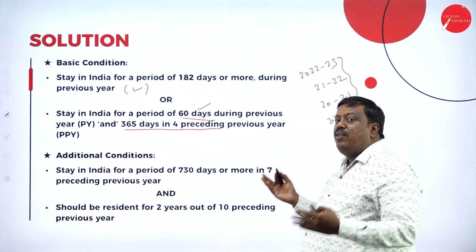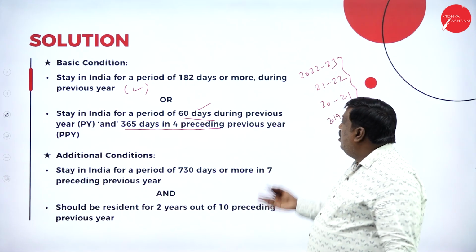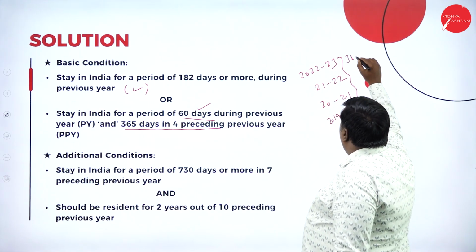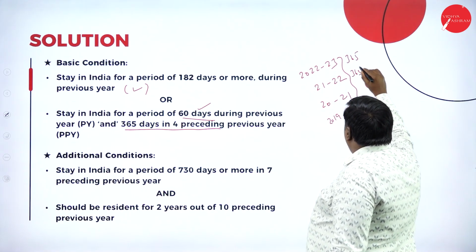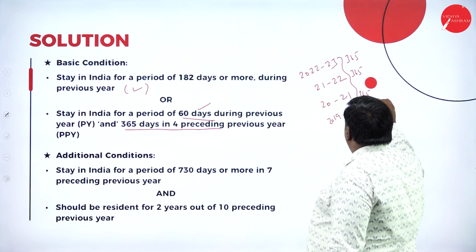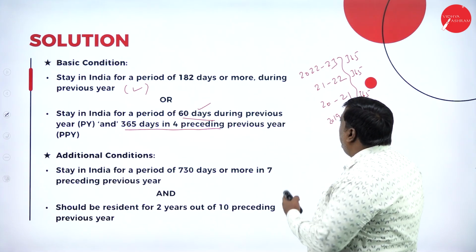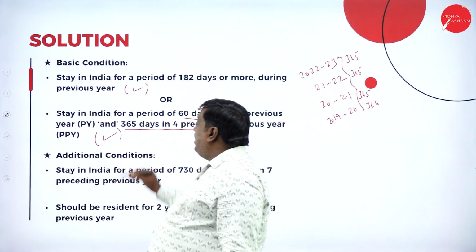I left India for the first time on 25th September. So I've stayed here 365, 365, 365 and 366. So it is more than that. So I've satisfied my basic condition.